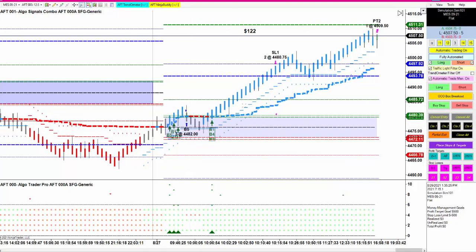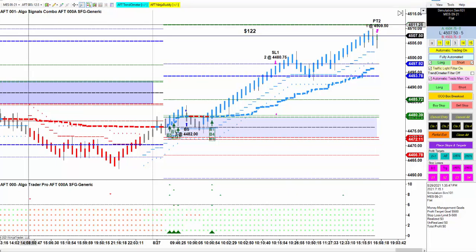And then price really got moving, and the first target was reached, and then profit target 2 was hit up here. And that was a nice $122 profit on 3 microlots. All right, so that's a net profit for the week of about $265 trading 3 microlots in the micro ES.